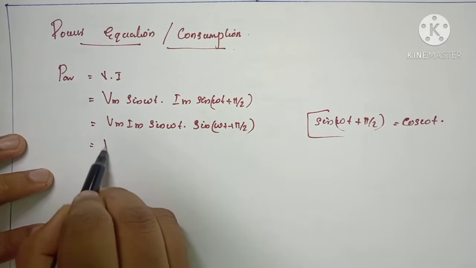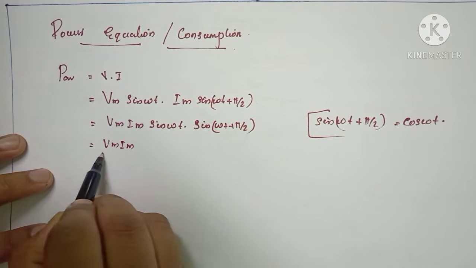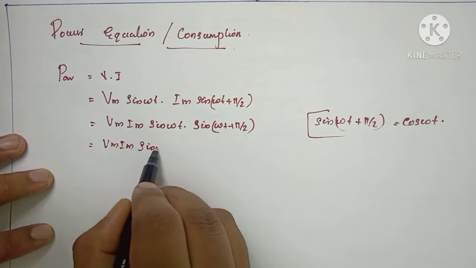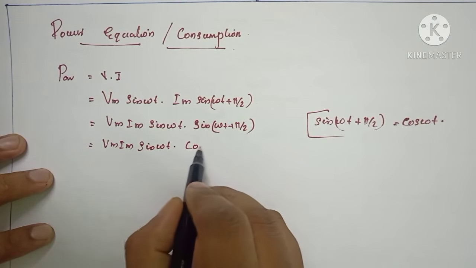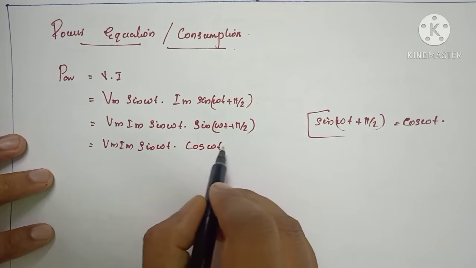Okay, so that is Vm Im sin omega t into cos omega t.